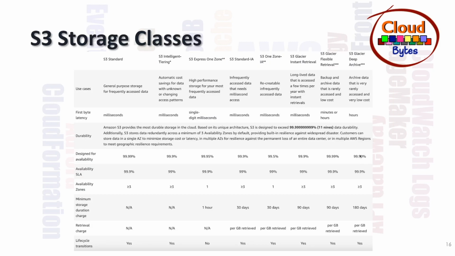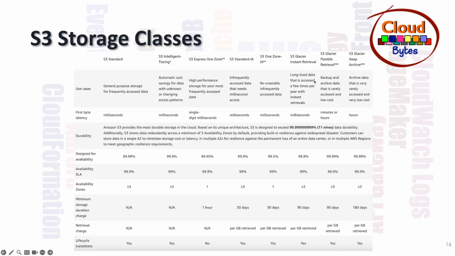This is a picture of S3 storage classes. This snap has been taken from Amazon's website. You can see S3 Standard, S3 Intelligent-Tiering. There is a new one, S3 Express One Zone. This is for directory buckets. Then you have S3 Standard-IA, then One Zone-IA, Glacier Instant Retrieval. First byte latency is milliseconds for this one.